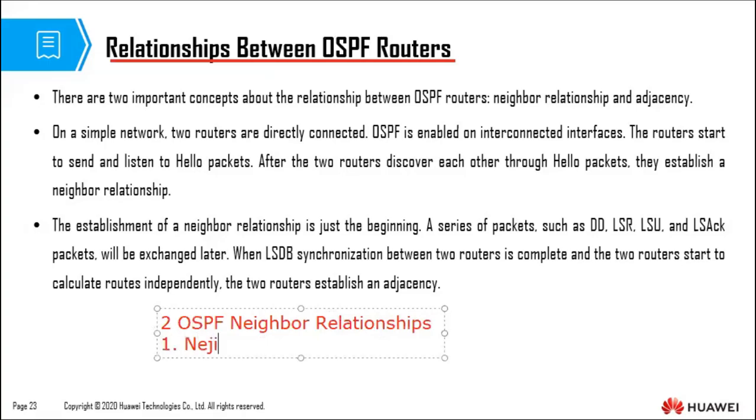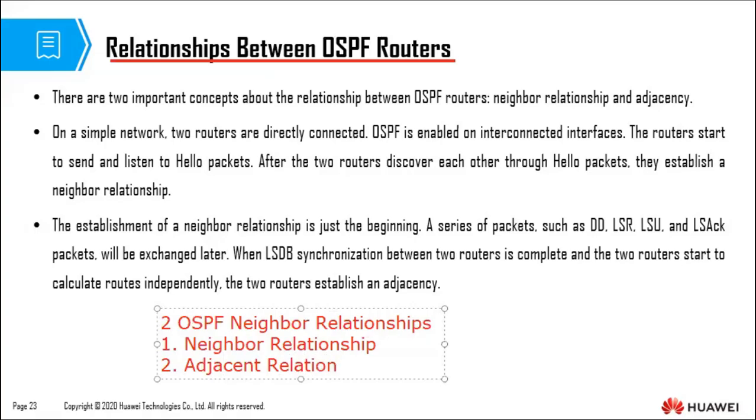The first one is called the neighbor relationship. Number two is called the adjacent relationship. So these are the two relationships that we have.